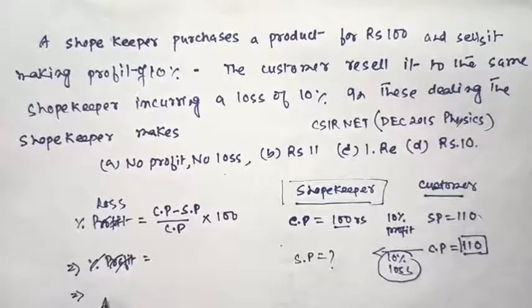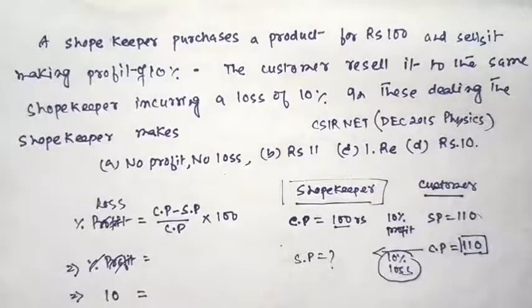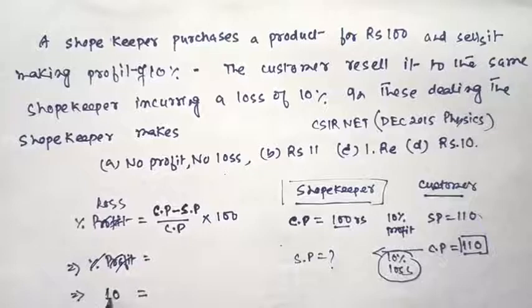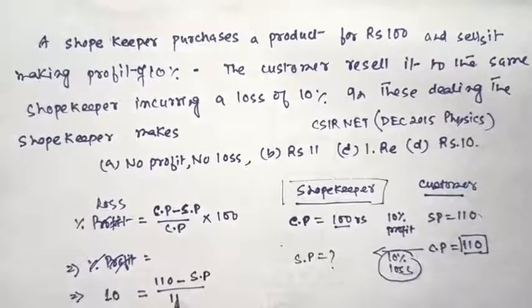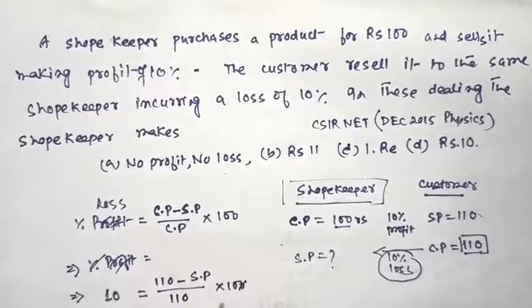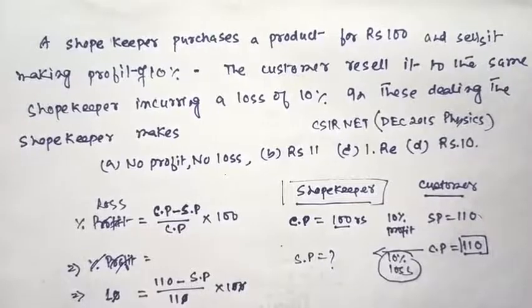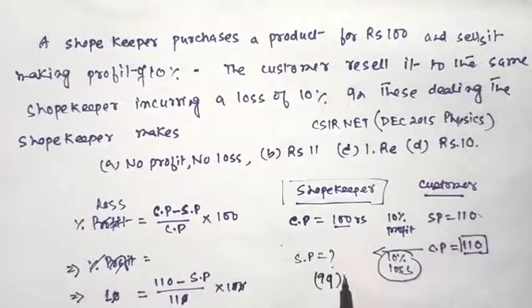So it is equal to the 10% loss, and in this case, loss will be cost price minus selling price. The cost price is 110, and the selling price we have to find out. This will cancel out and we will have 11 equal to 110 minus selling price. So the selling price would be 99 rupees.